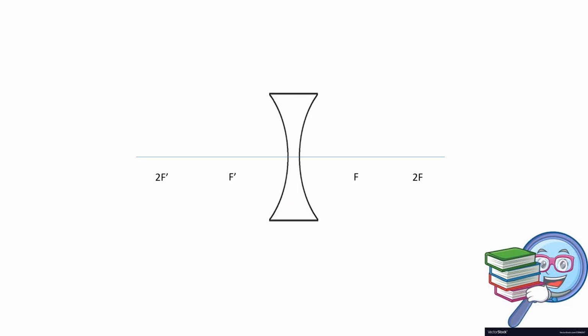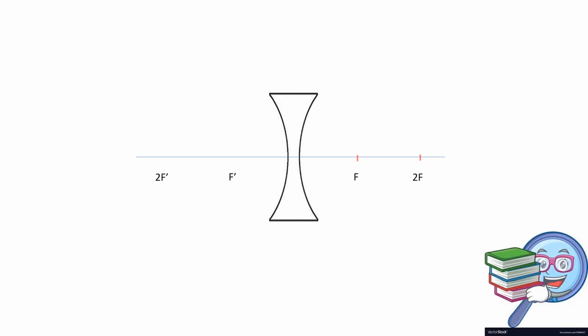The ray diagram for a concave lens is similar to a convex lens. The point behind the lens is called the real focus, or F. Twice the focal length is the point called 2F.